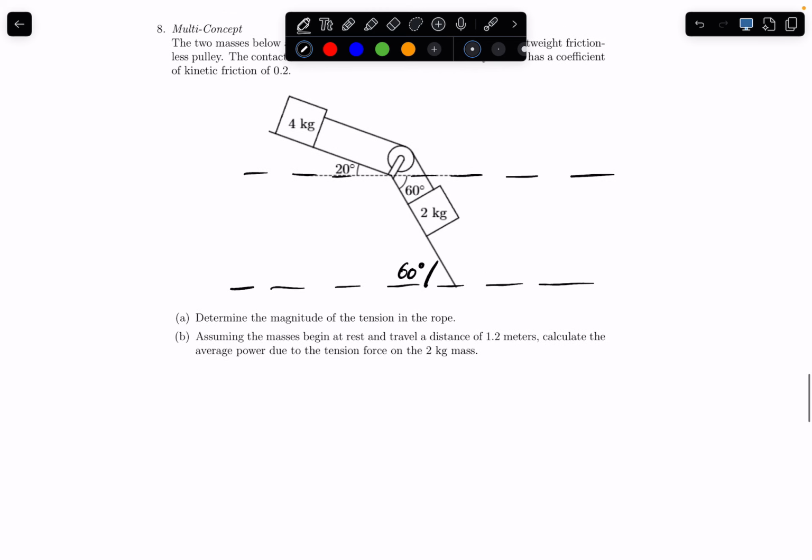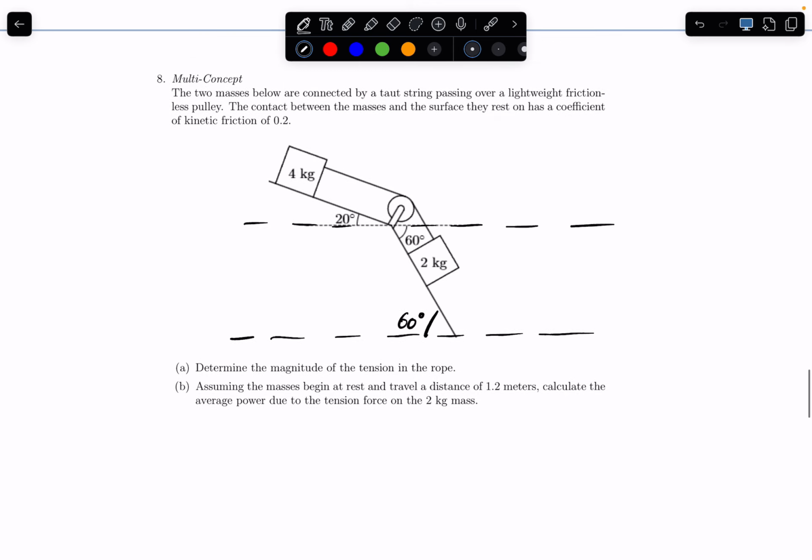All right. So, same concept here. You have 2 blocks. Part A says determine the magnitude of the tension in the rope. Before doing that, what do you need? What should we always solve for first? Acceleration, right? So, spoiler alert, this thing is going to fall down like this.